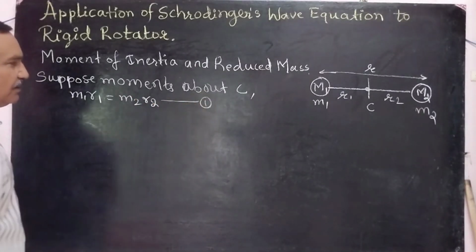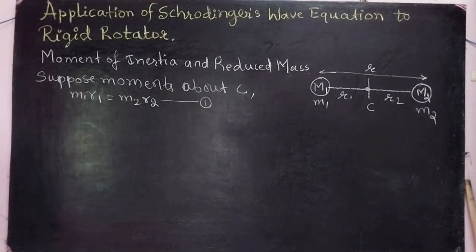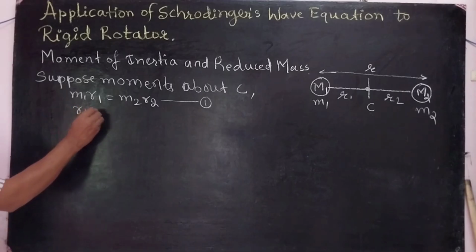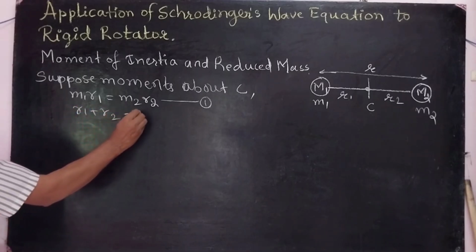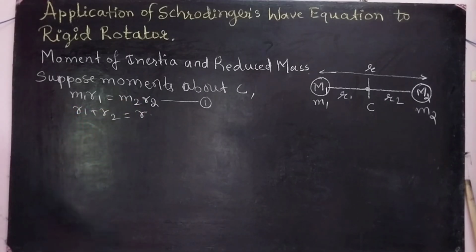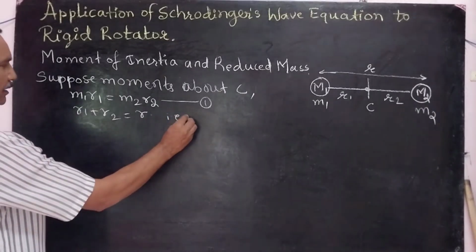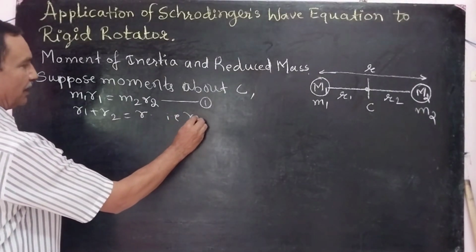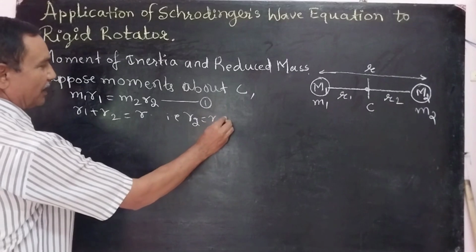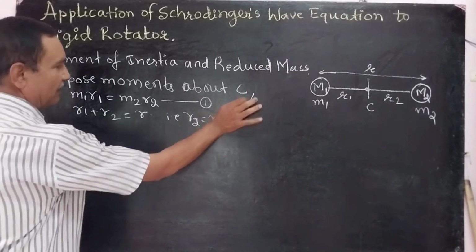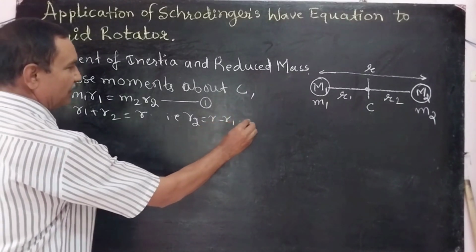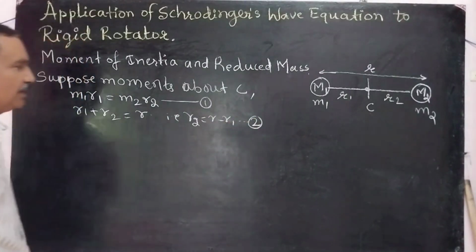Suppose this is equation 1, and from the definition, r1 plus r2 equals r. That is, r2 equals r minus r1. Suppose this is equation 2.